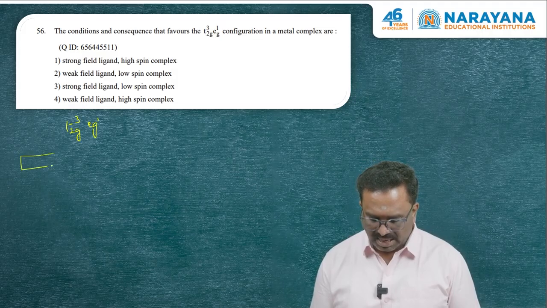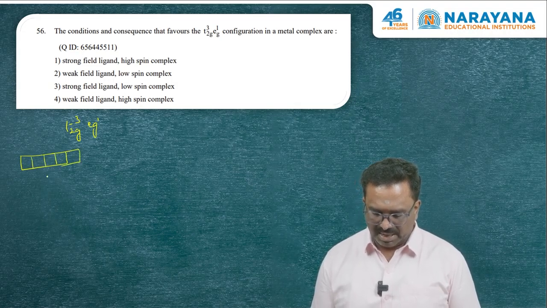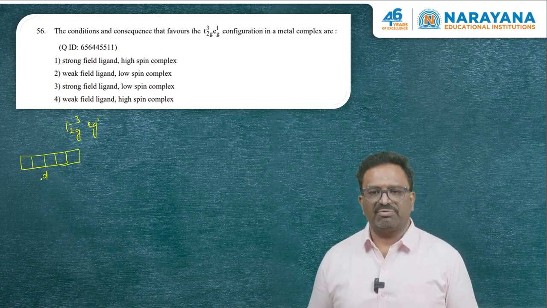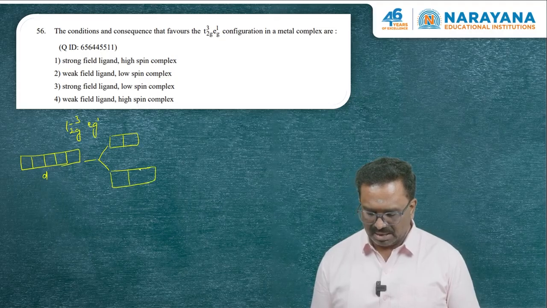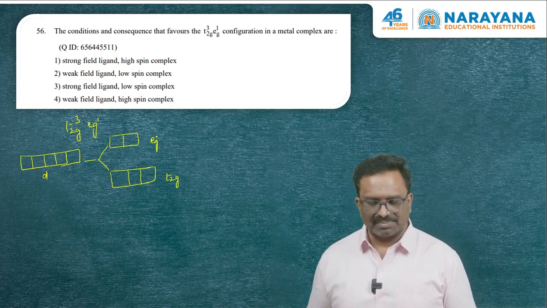Actually, d orbitals are in a degenerate state, all the 5 d orbitals. They are of equal energy in absence of an external field. But in case of octahedral complexes, the splitting of these d orbitals takes place into two energy levels. One is t2g and another is eg.